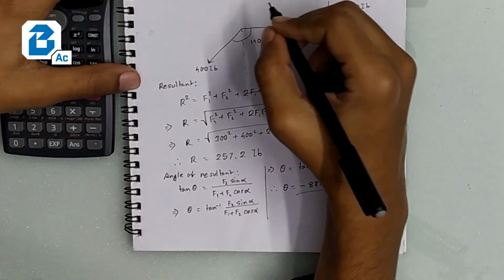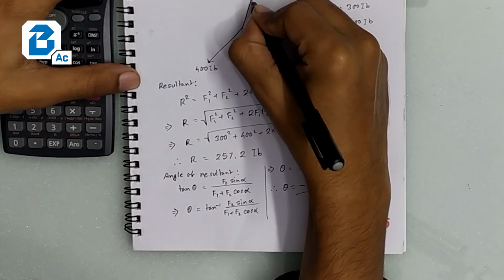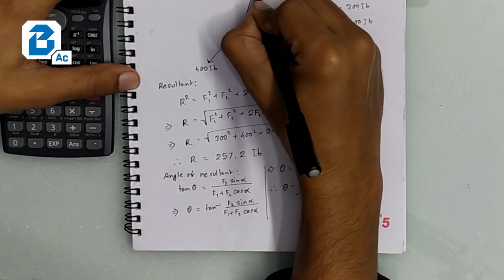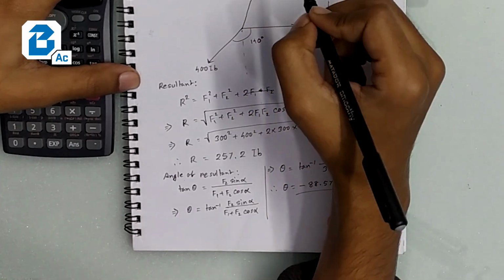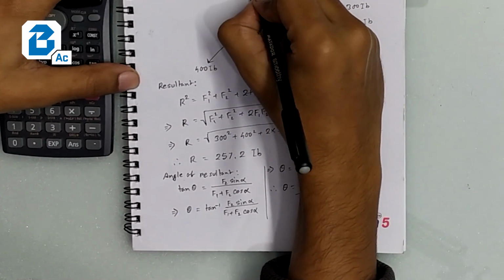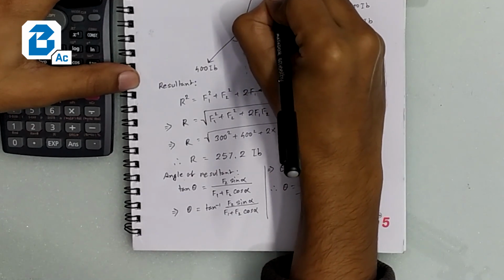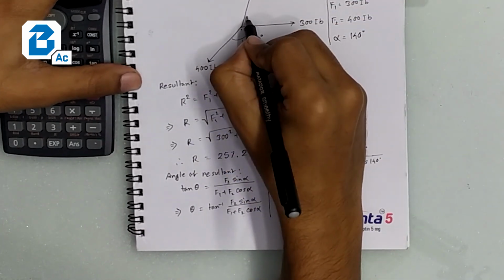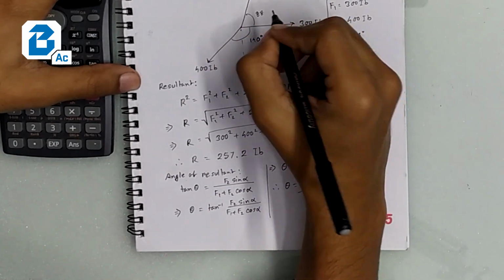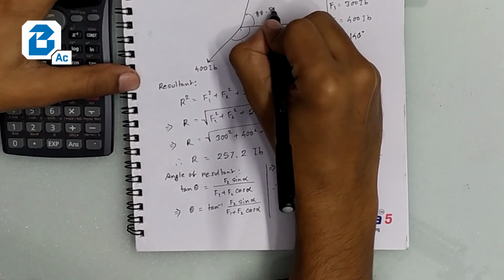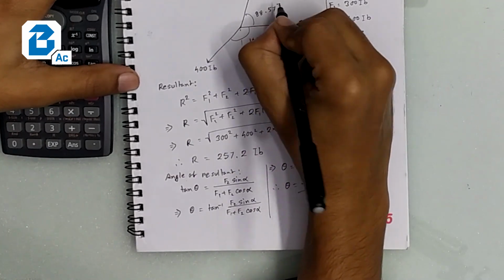So the resultant will be this way, and here we can write the magnitude of it. And the angle between them will be here, and that's it. This is solved.